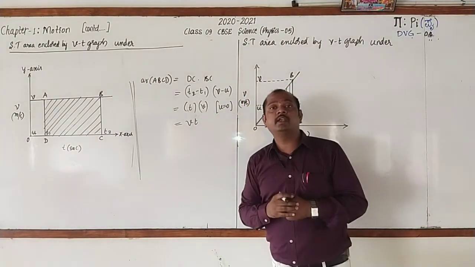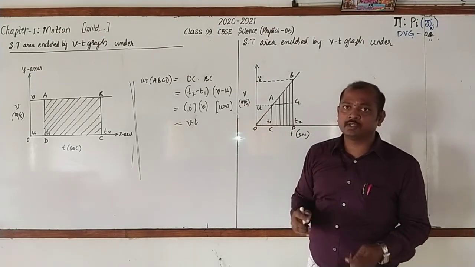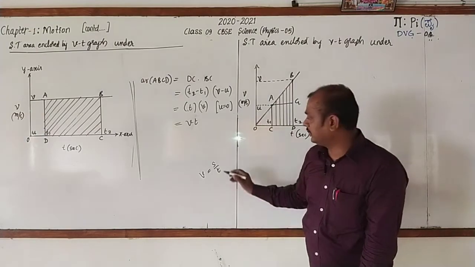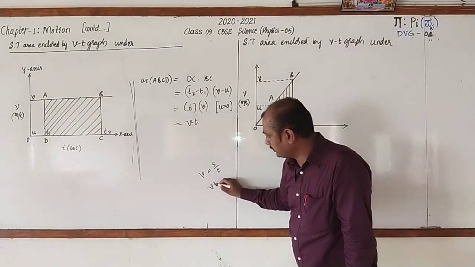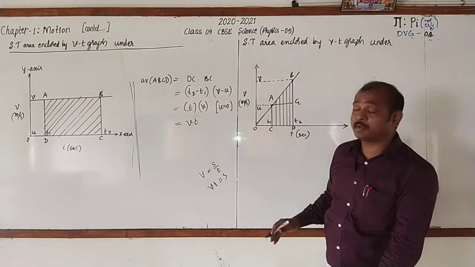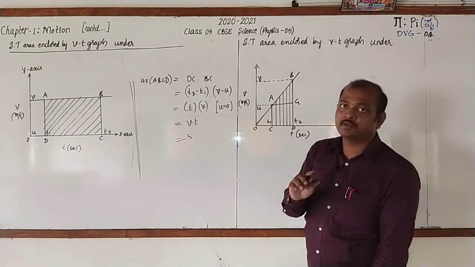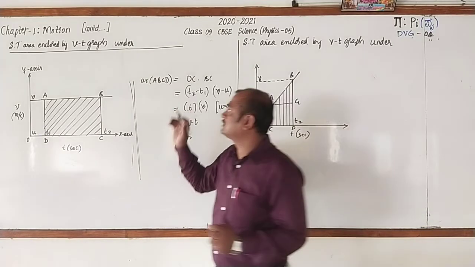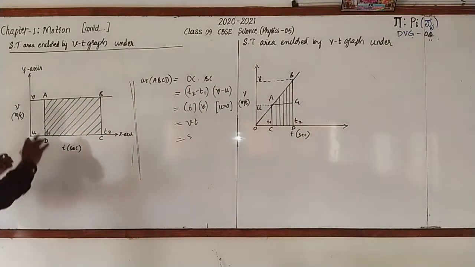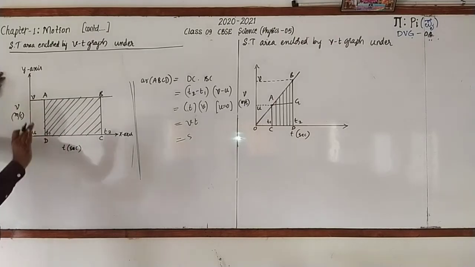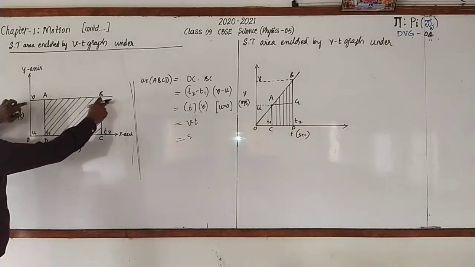What does Vt indicate? So you have to recall the formula. V is equal to S by T. Then we want Vt, cross multiply. Vt equal to S. What does S represent? It is displacement. Clear up? So hence we can write the question as, show that area enclosed by Vt graph under what?